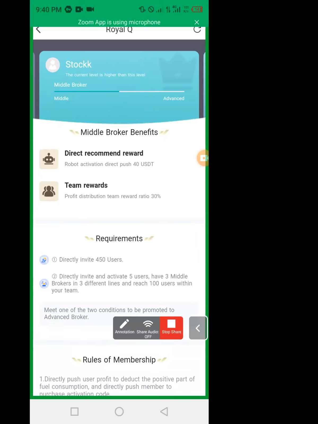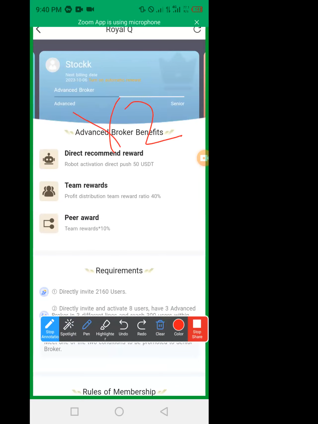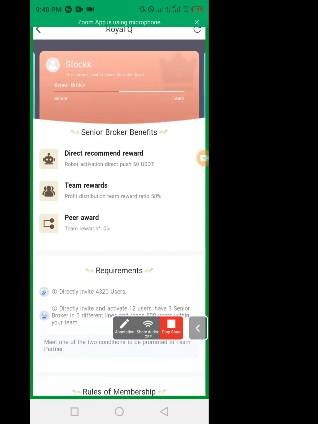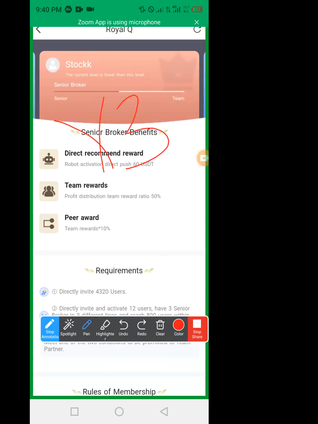Then we go to advanced broker, that is a V3. That's where I am. Then you continue to V4, a senior broker.